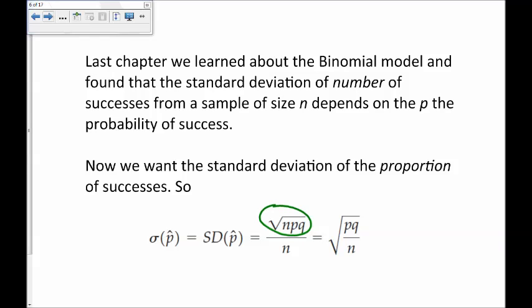But we are looking right now at the standard deviation of the proportion of successes. So we divide that number by n, and we get this equation by simplifying. So that is the standard deviation of the proportion of successes, or the standard deviation of the sampling distribution.